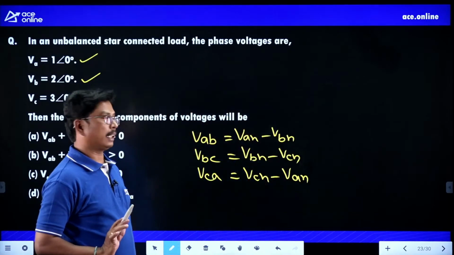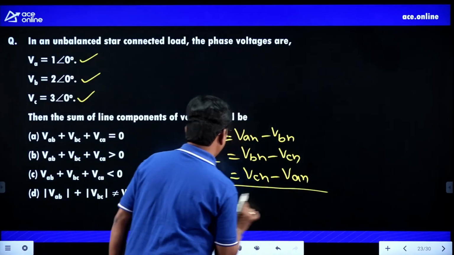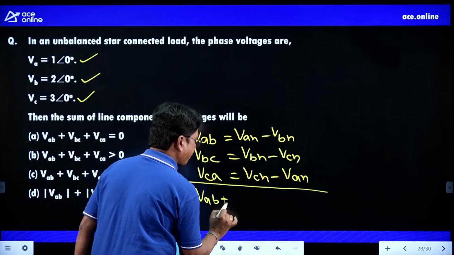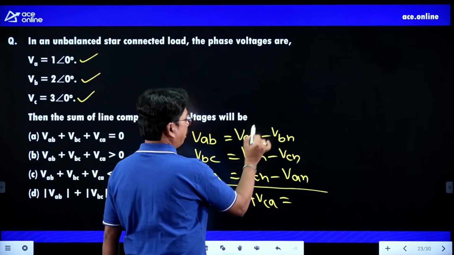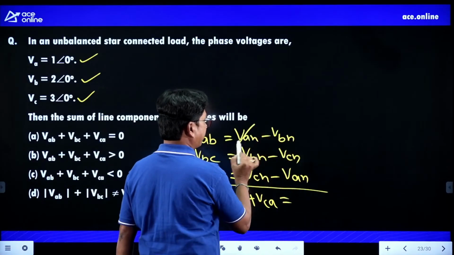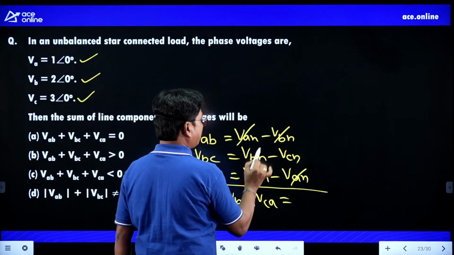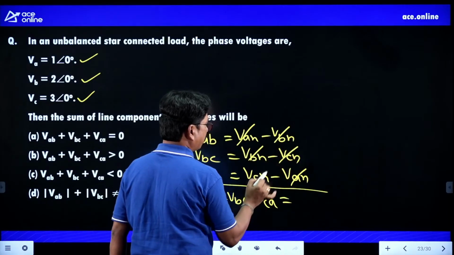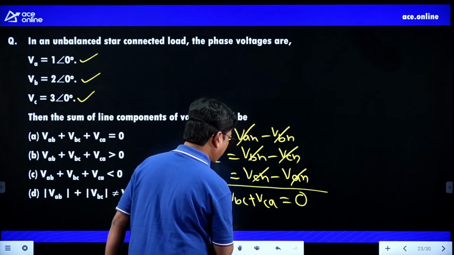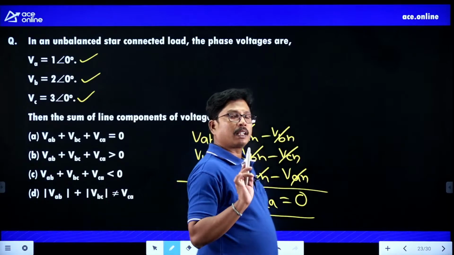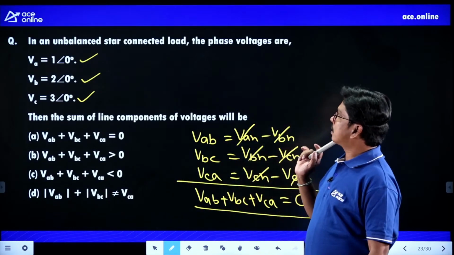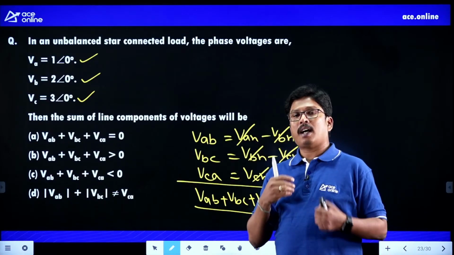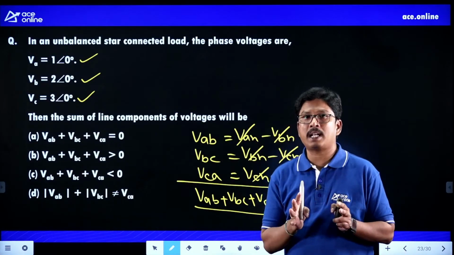Whenever you add them, VAB plus VBC plus VCA, plus VAN minus VAN is cancelled, minus VBN plus VBN is cancelled, minus VCN plus VCN is cancelled, so it will be equivalent to 0. So the sum of line components of voltages in a star connected system is always 0 whether the system is balanced or unbalanced.